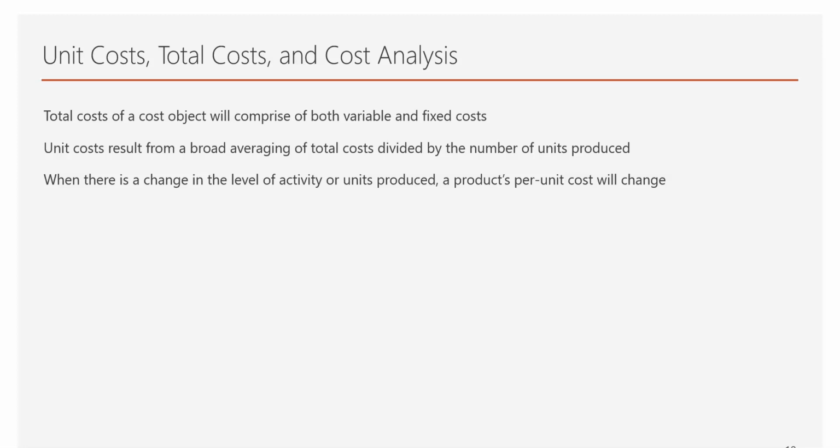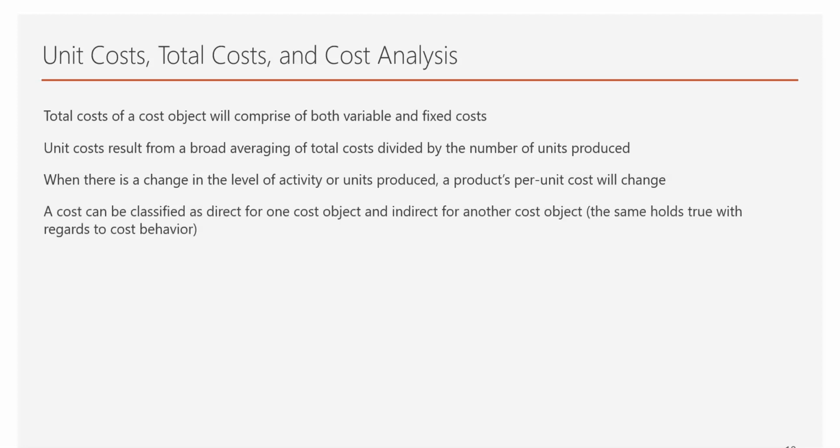We can have a relevant range where variable cost per unit decreases or increases based on the level of activity, and that could change things. So we cannot just blankly say that the more we make, the lower the total cost will be. That will be true in a lot of situations, but there might be some situations where that does not hold true.